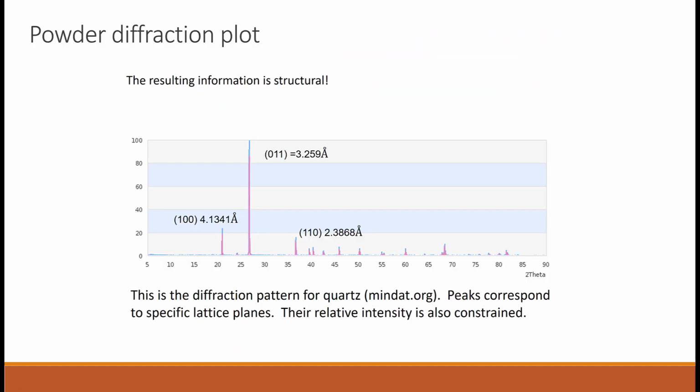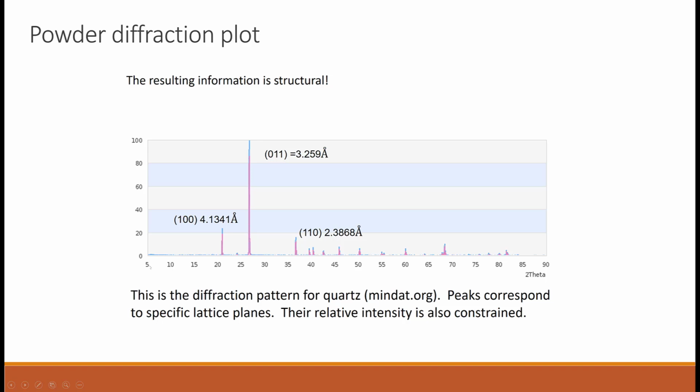So in powder diffraction, what we collect is called a diffraction pattern, and it looks something like this. A diffraction pattern is presented typically as a series of 2 theta over the entire length of scanning.